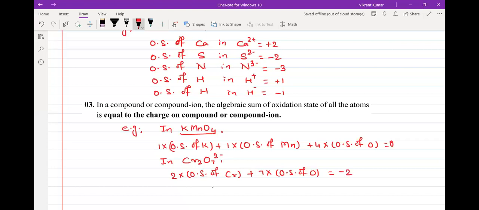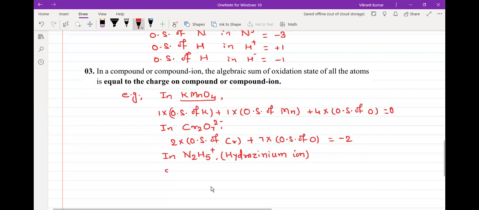Now I want you to write the same thing for N2H5+, which is called hydrazinium ion. It will be equal to +1: 2 into OS of N plus 5 into OS of H will be equal to +1.